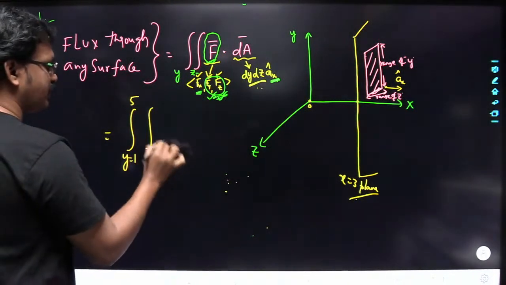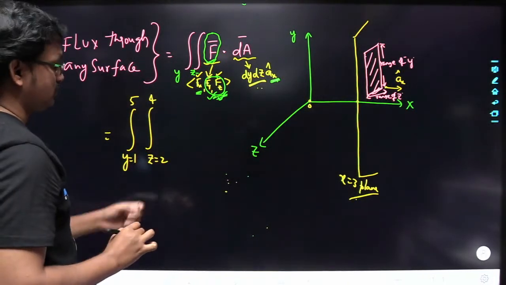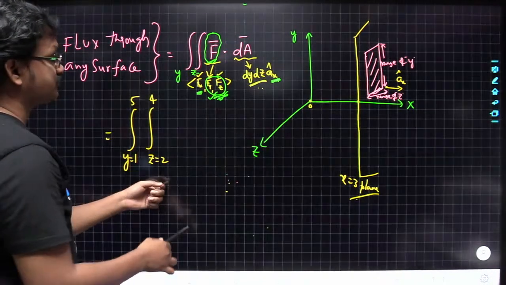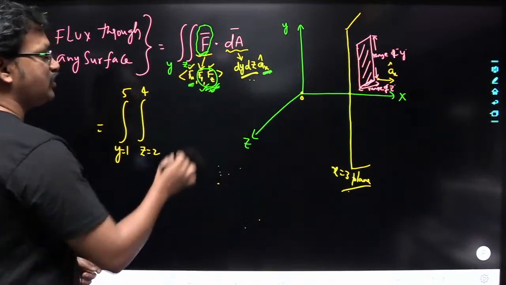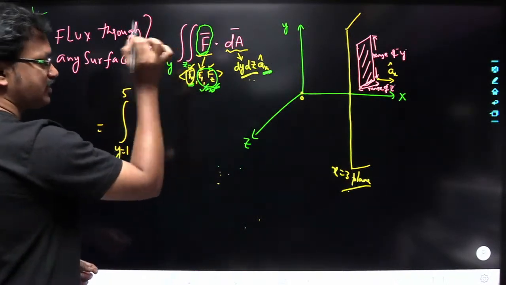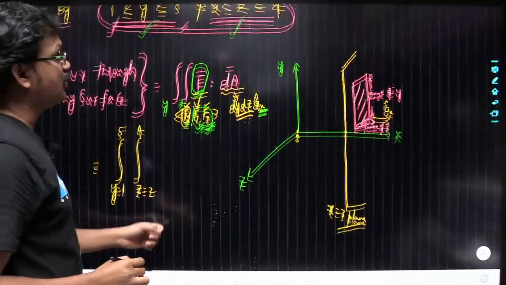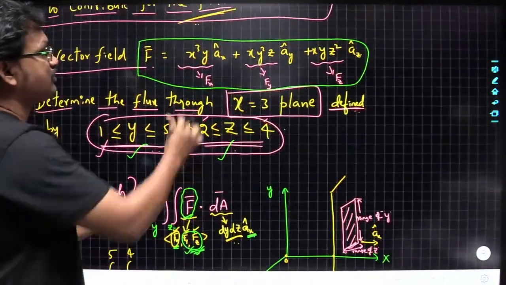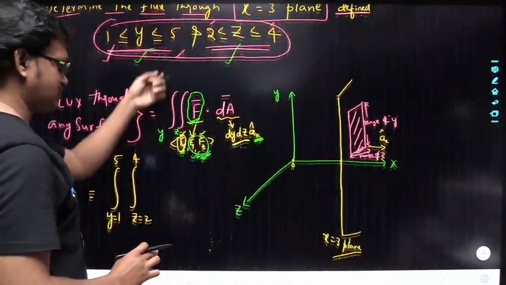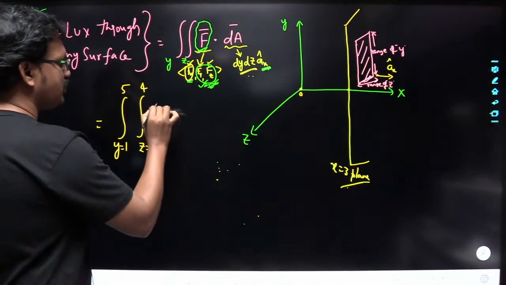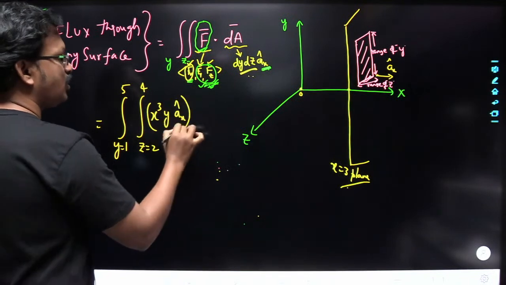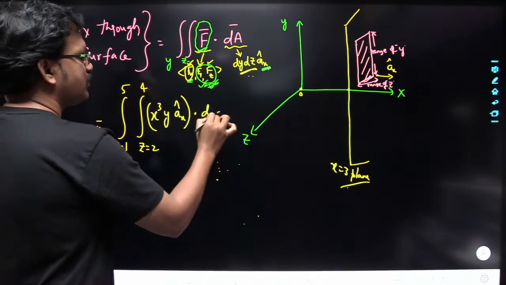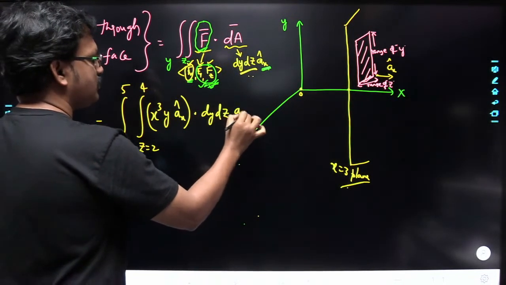And of this vector field, you have to consider only the x component. So what is the x component of the vector field? That is x cube y ax cap. So write down here x cube y ax cap, dot dy dz ax cap, right?